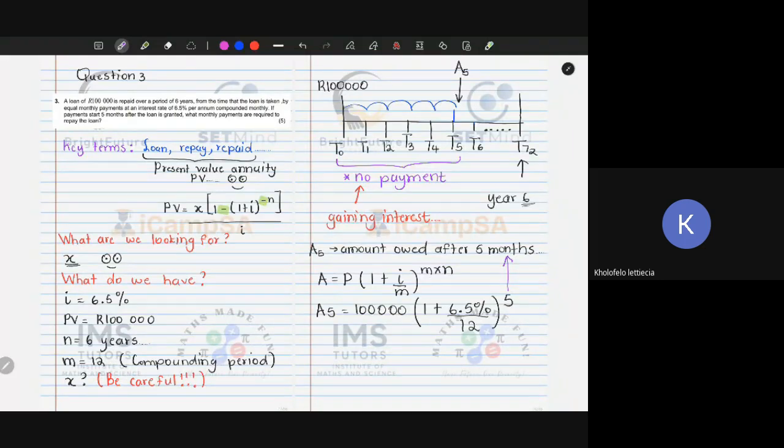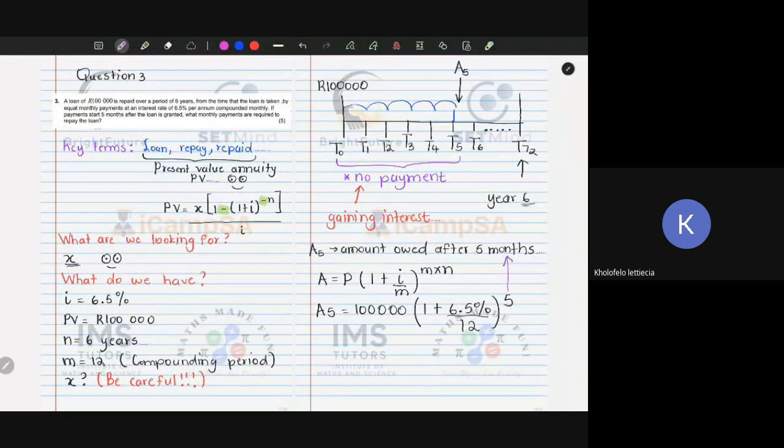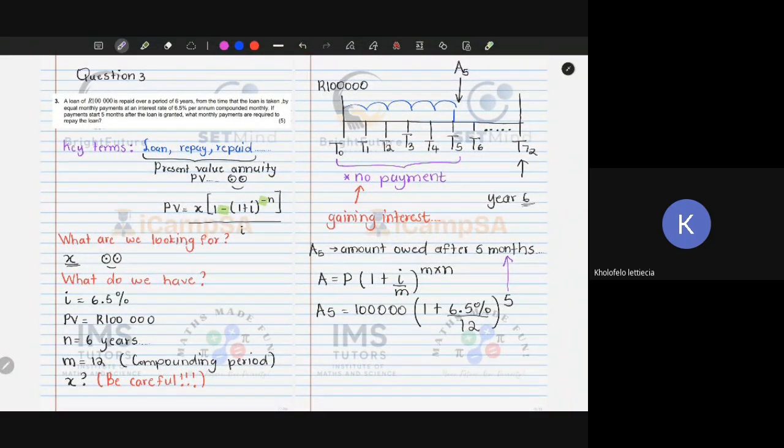So this problem needed us to touch our brain a bit and say, I can't just say this is the P because I delayed paying the bank. Does it make sense, guys? If it does, give me a thumbs up. If it doesn't, please ask. You will get similar problems in the exam, and you need to understand what happens when I delay paying. The amount gains interest.